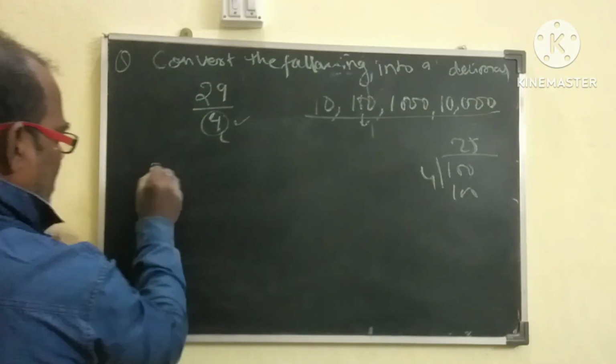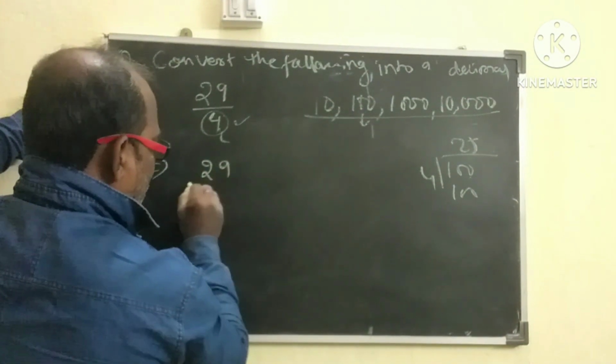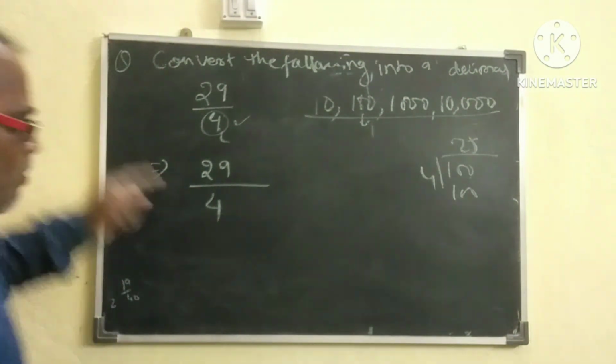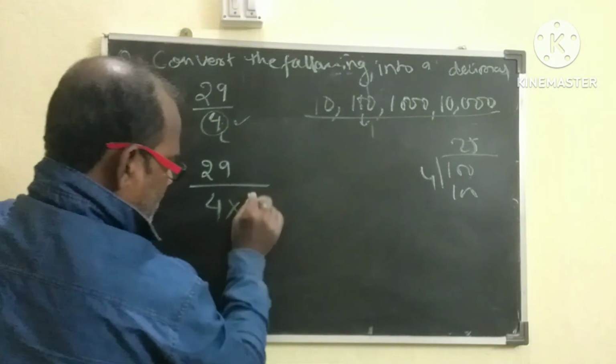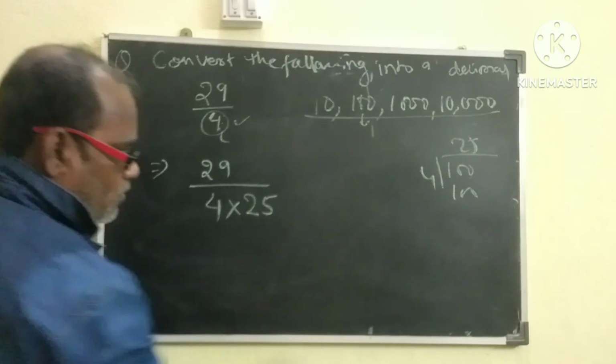So the next step: you write here 29, and at the bottom write 4. To make 100, you multiply with 25.